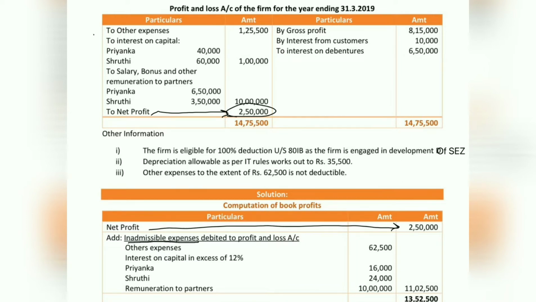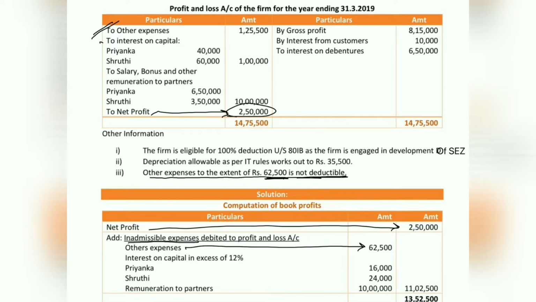On the debit side, the first point we have is other expenses. Other expenses to the extent of 62,500 are not deductible. That means to the extent of 62,500, we have to treat it as inadmissible expense, since they have specifically given that it is not deductible. So we have considered 62,500 here.